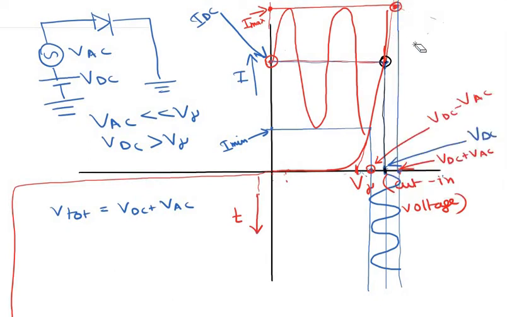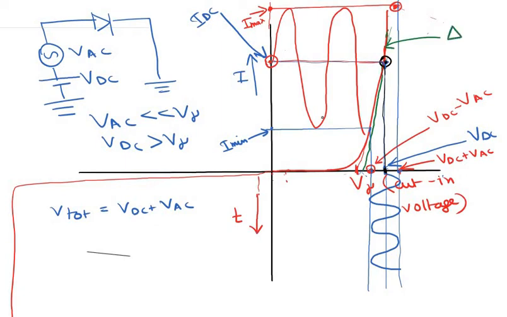So let me show it in this graph. How do I find the small increase in the current with a small increase in the applied voltage? I basically measure the slope of this line over here. Let us call this slope delta.